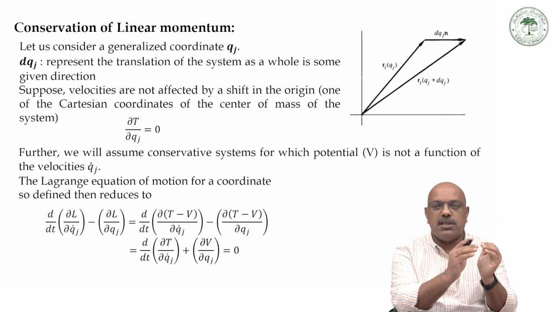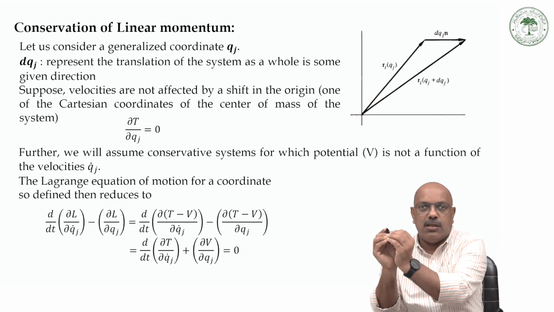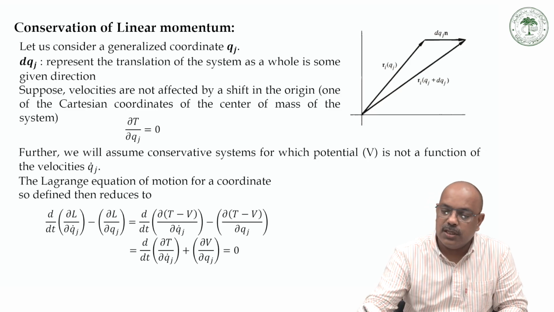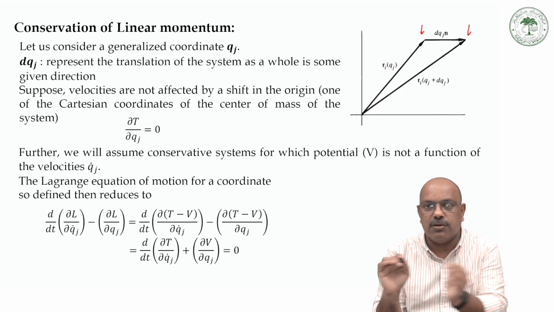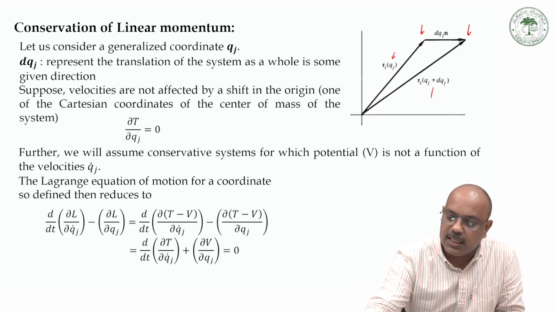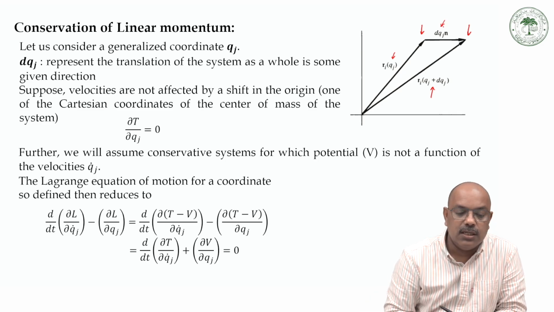So if the system is translated from one position to another, that is given by delta qj. Earlier my system was here, and then it is transferred to here in the configuration space, and that path is defined by delta qj.